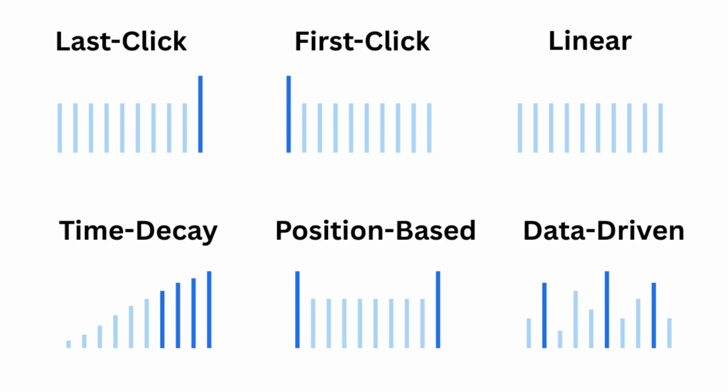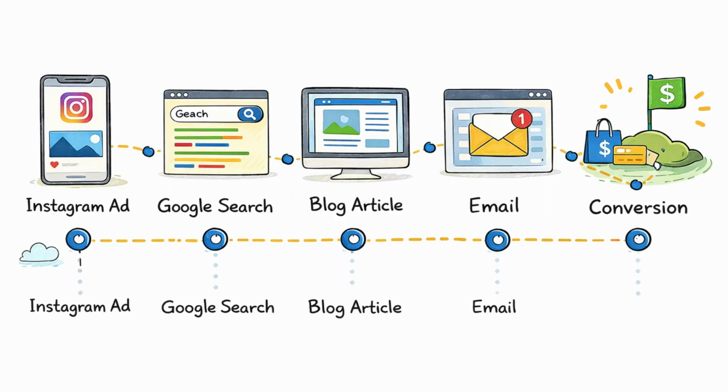The most advanced model today is data-driven attribution. Instead of using fixed rules, this model analyzes real user behavior. Imagine thousands of customer journeys like this. First the user sees an ad on Instagram, then clicks on a search advertisement, then reads a blog, then gets an email, from which they make a purchase. A system analyzes all those journeys and learns patterns.